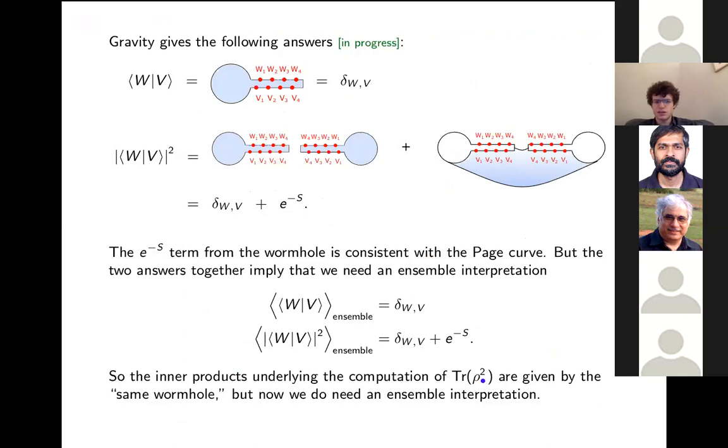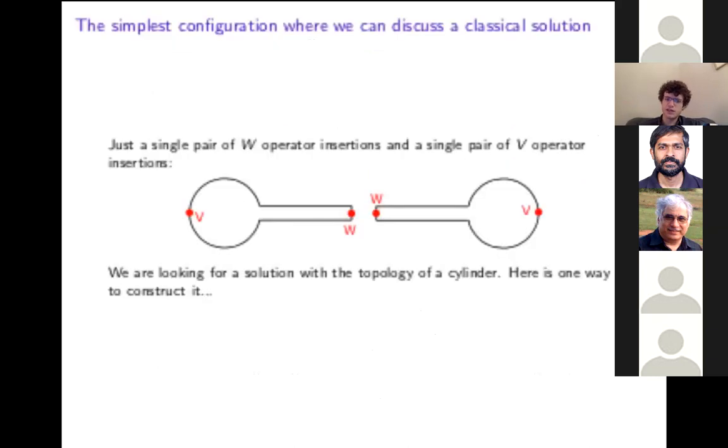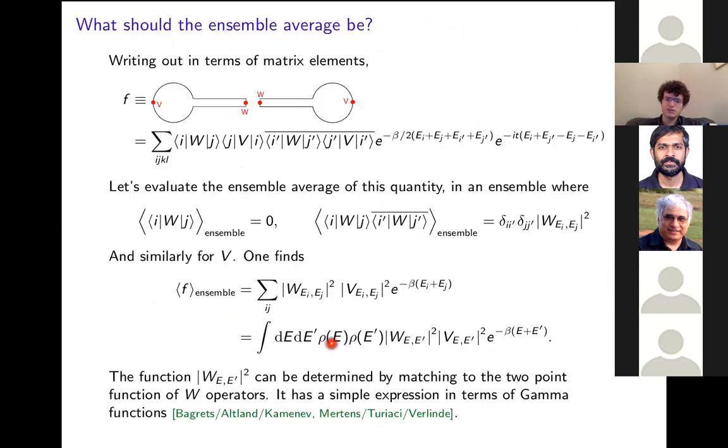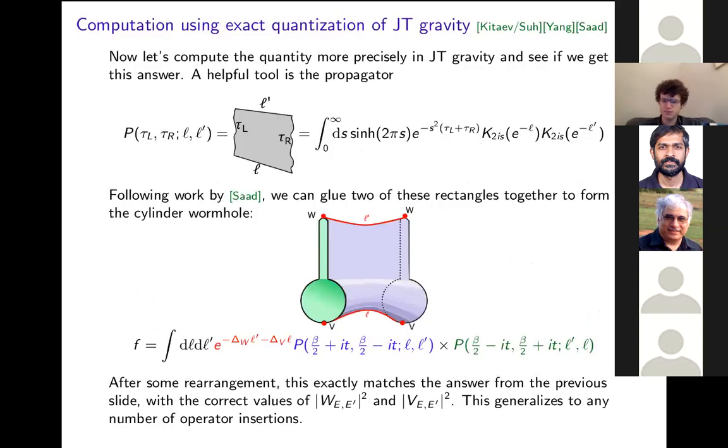And in the next slides that we just discussed, I was showing that the detailed form of the e to the minus S answer agrees with this ensemble average using a simple definition of an ensemble. It precisely matches what you would expect. So again, it's a case where you're forced to invoke some kind of ensemble. You say that gravity is computing some kind of ensemble average. And in this case, it matches the ensemble expectations very precisely.